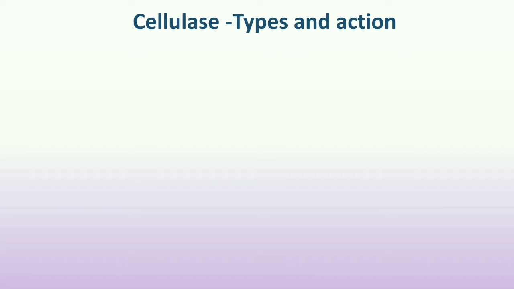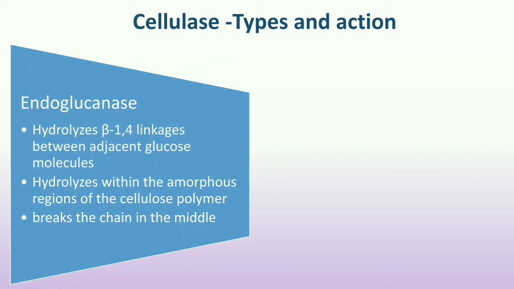Before we move on to our next topic, let us revise in brief what we learned in the previous video. In the previous video, we talked about different types of cellulases which are present in either bacteria or fungi. The cellulases can be divided into four major groups. The first one being endoglucanases.